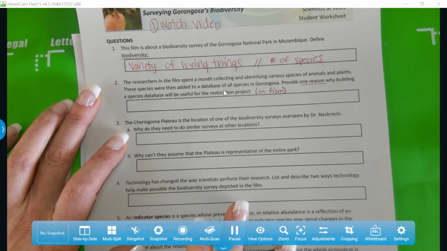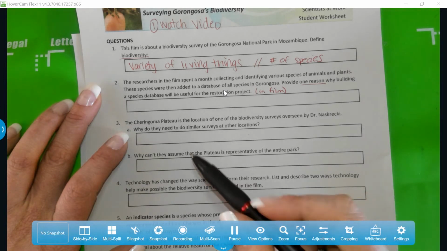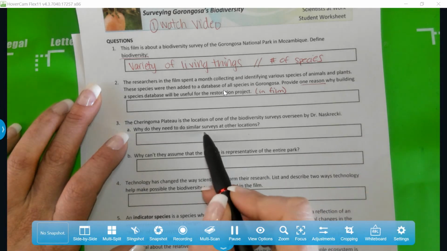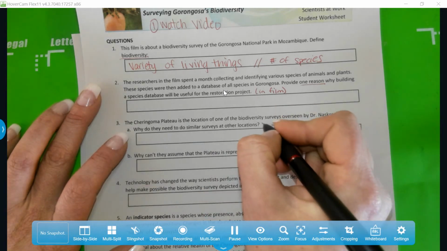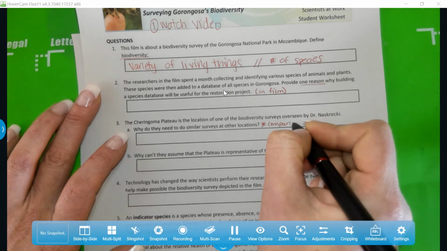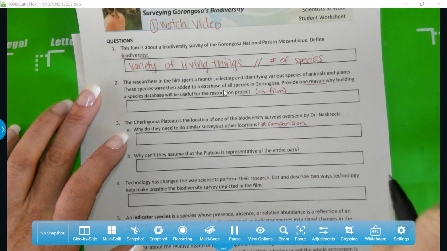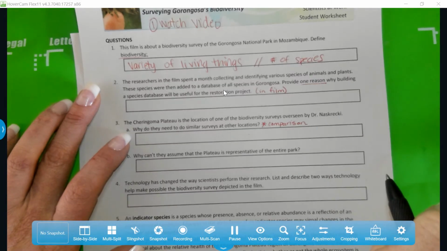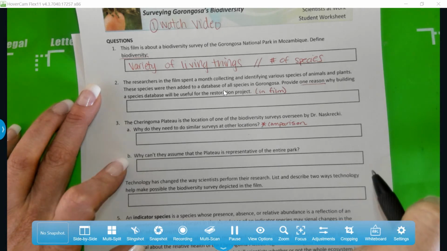In the Gorongosa Plateau, they were doing the biodiversity surveys there particularly. Why do they need to do similar surveys at other locations? Something about comparison, right? In order to compare it and see how it varies, but also listen to the video for the full answer there.